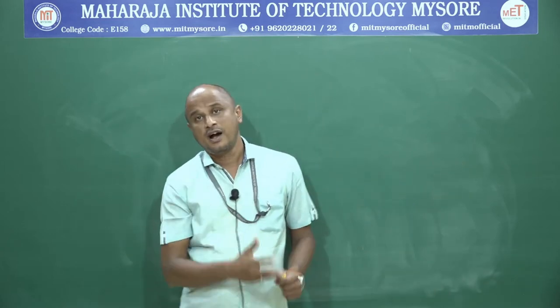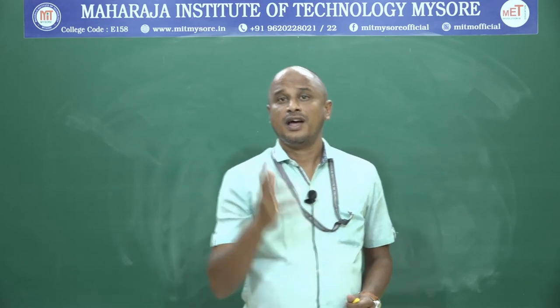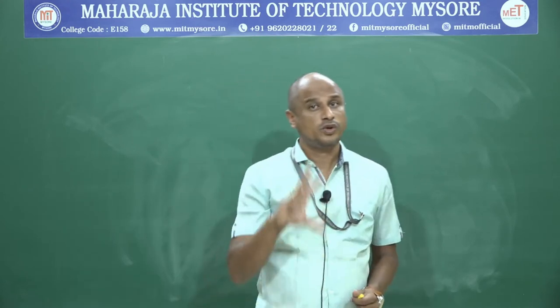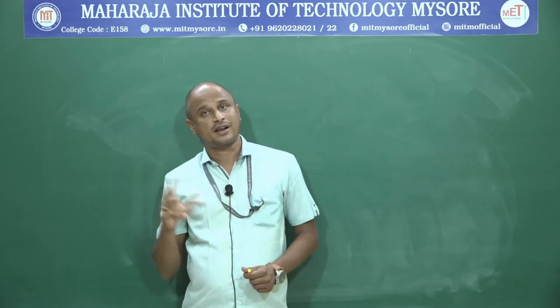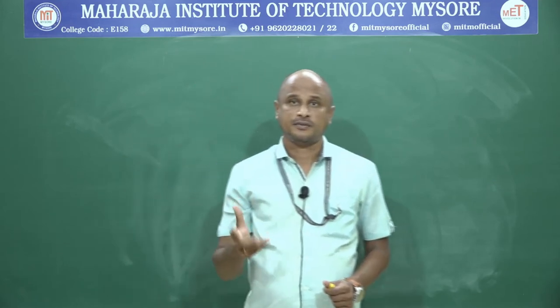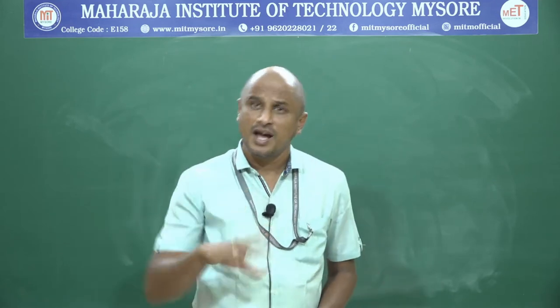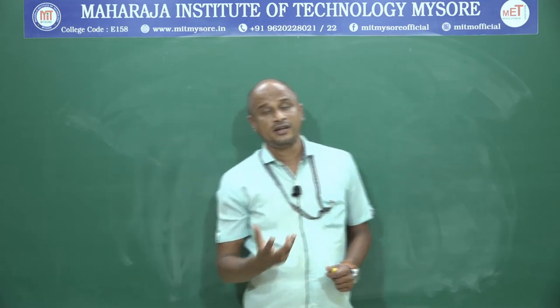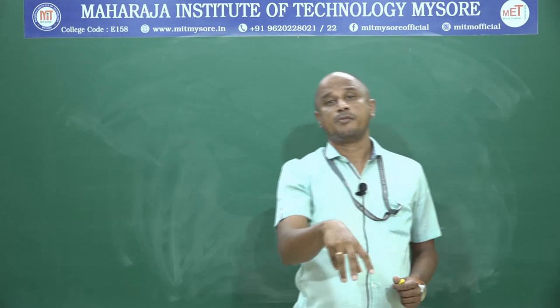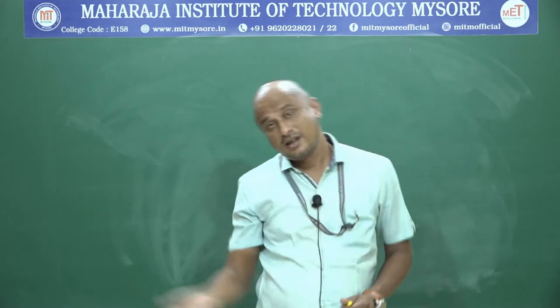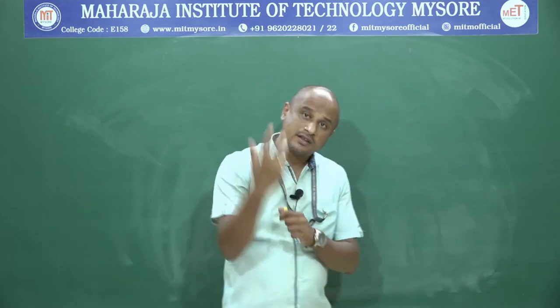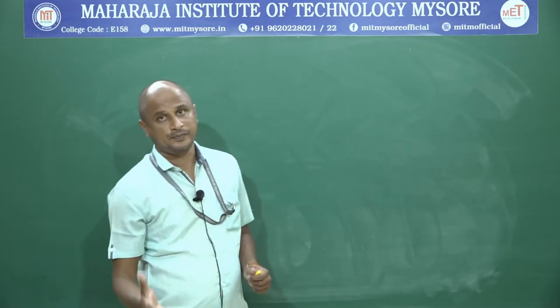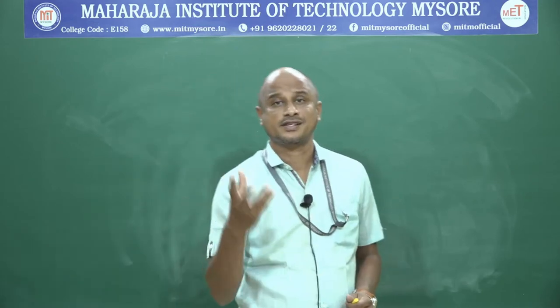A super key is a combination of attributes that uniquely identifies a tuple in a relation. A minimal set of super key is called a candidate key. One of the candidate keys is called the primary key. Any key other than the primary key is called a secondary key. Okay, so that has been discussed, right?